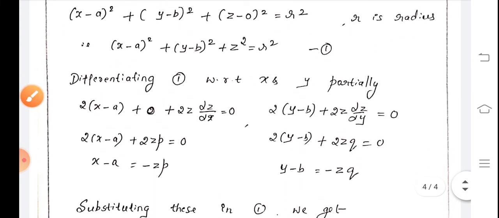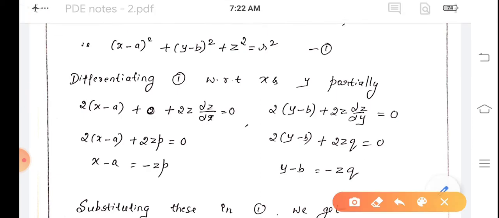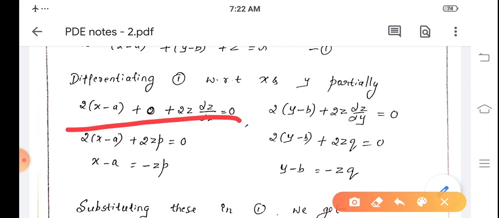So here also, to eliminate arbitrary constants a and b, we differentiate equation 1 partially with respect to x and y. So when we differentiate equation 1 partially with respect to x, we obtain 2 into x minus a plus, the second term is the y term, it is treated as constant, so its derivative with respect to x is 0.